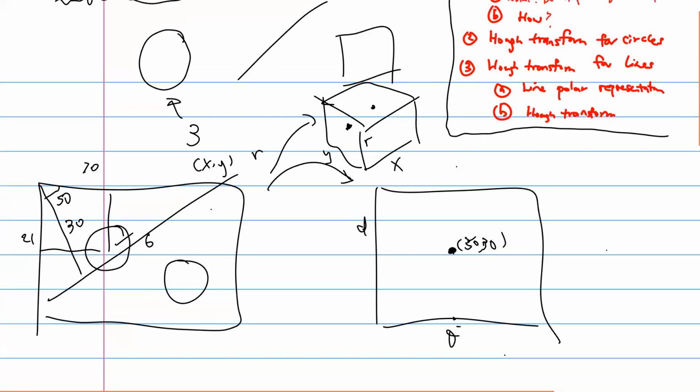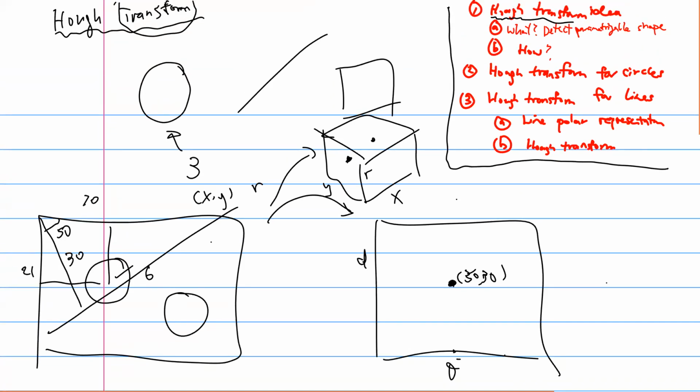Any questions so far? Is it clear what we are trying to do? I will answer what it is and why we want to have that. Once we have the transform, how do we detect the shape?